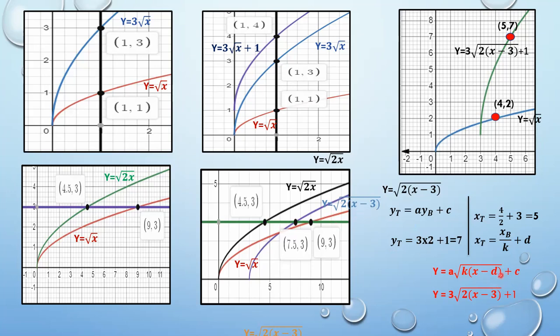It means D is positive. D means movement to the left or right, but since this D is positive, positive means to the right, then 4.5 plus 3 is 7.5. So this is the final transformed point for this graph.